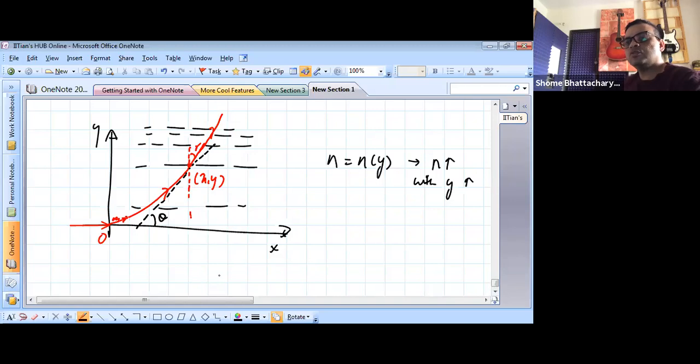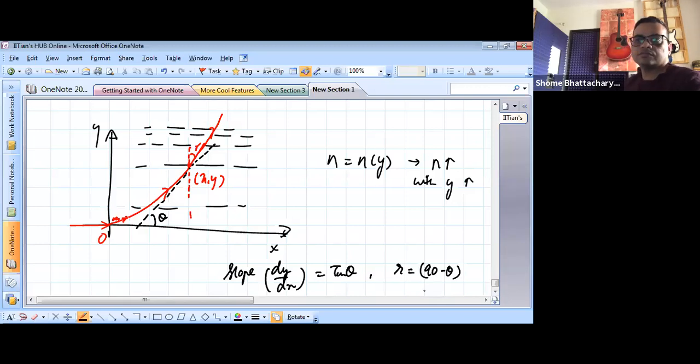So the slope, which is dy by dx, is equal to tan theta. And you can see over here that the angle of refraction at that point is equal to 90 minus theta, because this angle is theta.